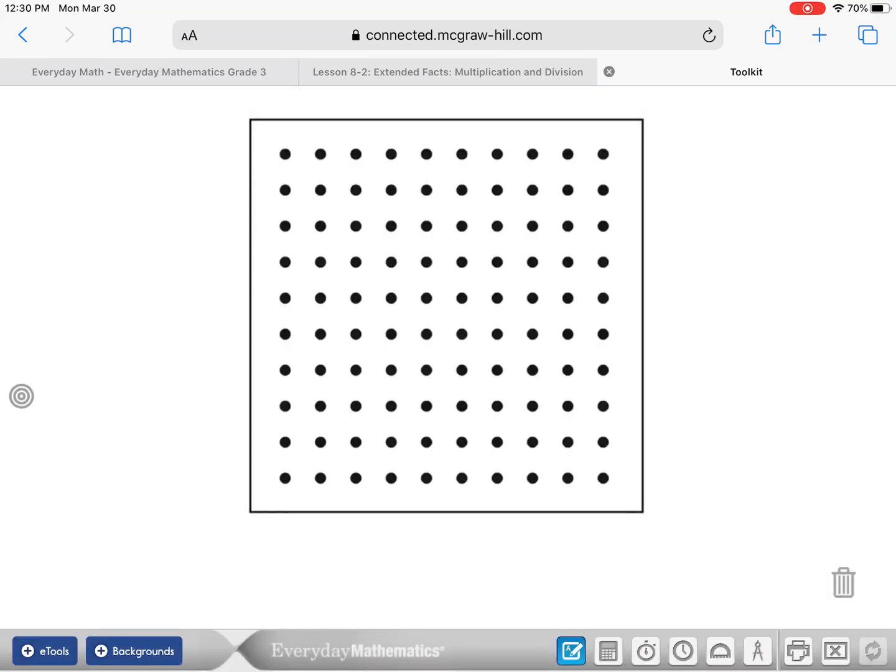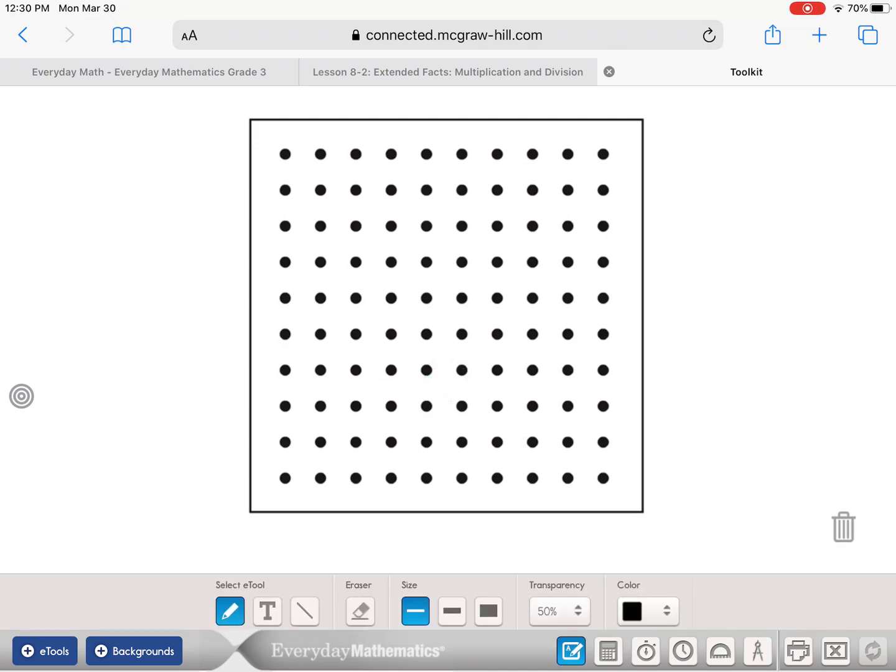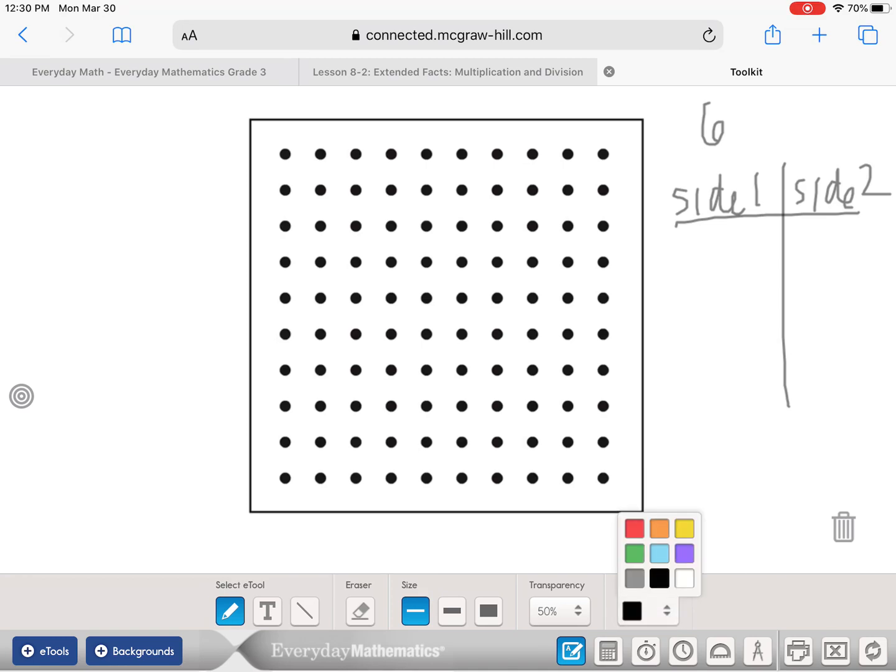Great. Okay, so this time I'm looking for rectangles with 6 square units. And I'm going to have side 1 again, and side 2. Again, I'm going to get a new color. You guys are already probably thinking of the answer.